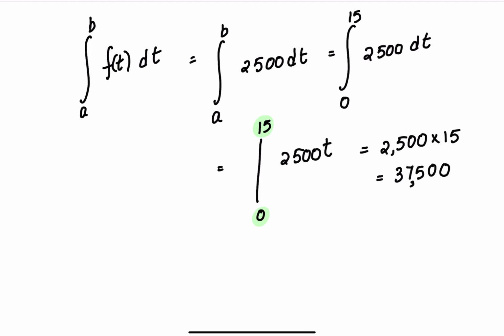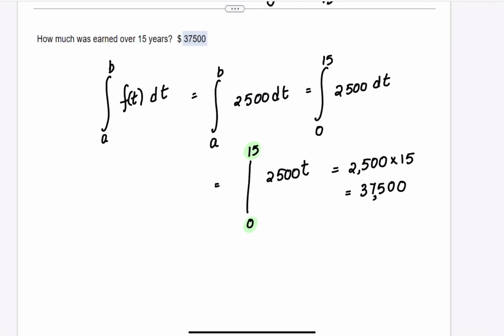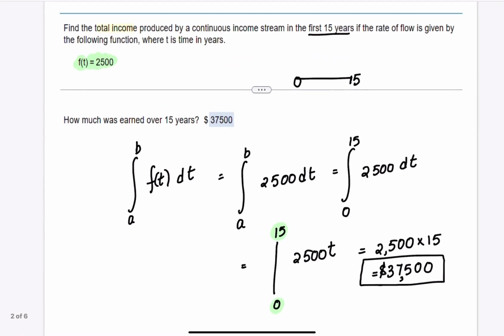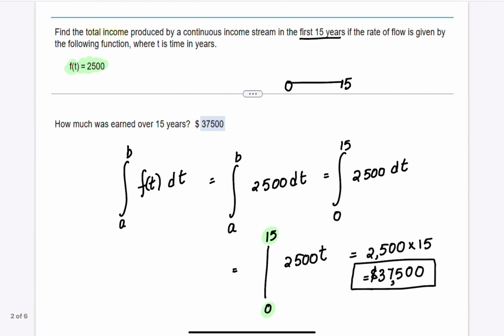So 37,500 is going to be your answer. So how much do you earn over 15 years? $37,500. And again, how did I know all of this? Because it clearly says it's continuous income stream.